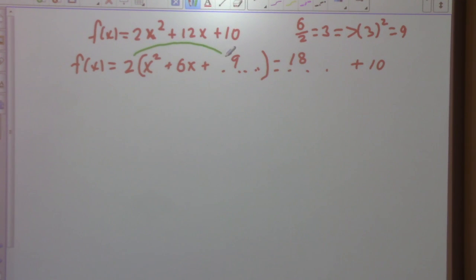Because really, the perceptive ones, Bryce, and Haley, whoever else, noticed that actually this is 18, isn't it? Yes. So we had to subtract 18 to accurately compensate for that. So now we can write this as a perfect square, which is going to be x plus 3 squared, and what's negative 18 plus 10? Negative 8. So f of x is going to be that, so that's that one.